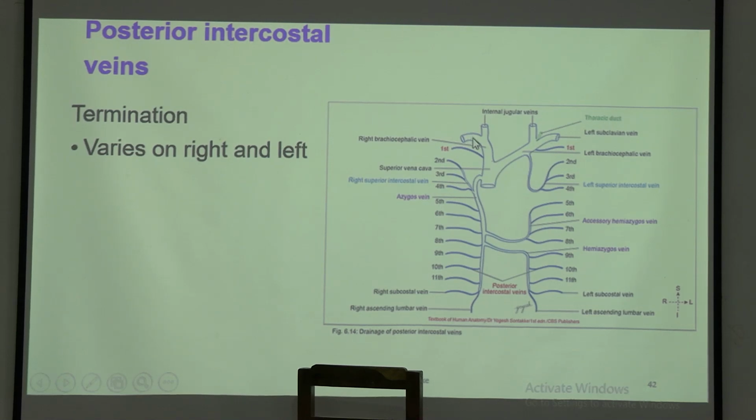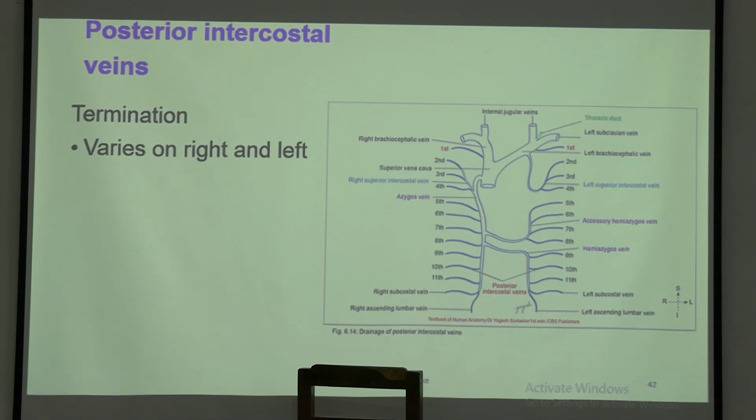They join to form the superior vena cava. And these brachiocephalic trunks are formed by the internal jugular vein and subclavian veins. This is right subclavian, this is left subclavian. We get the formation of the superior vena cava which opens into the right heart.